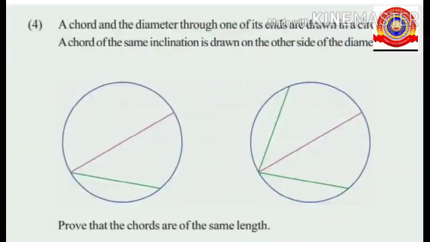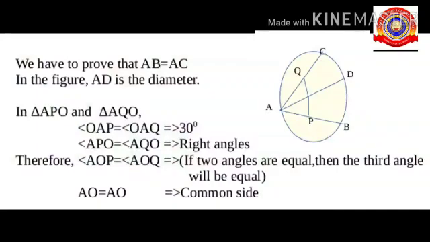Hence we proved it. Consider question number 4. Here we have to prove AB is equal to AC. In the figure, AD is the diameter. In triangle APO and triangle AQO, angle OAP is equal to angle OAQ because it is given that both are 30 degrees. And angle APO is equal to angle AQO because they are right angles.